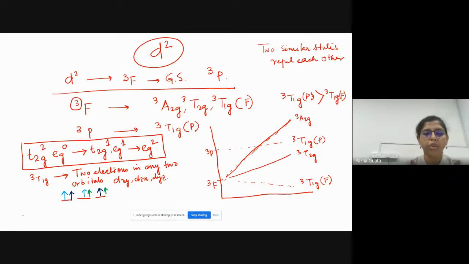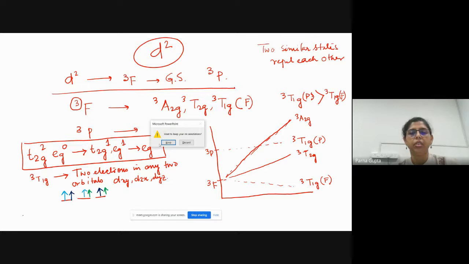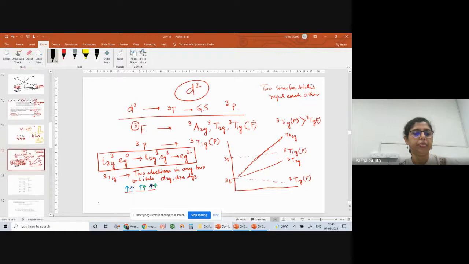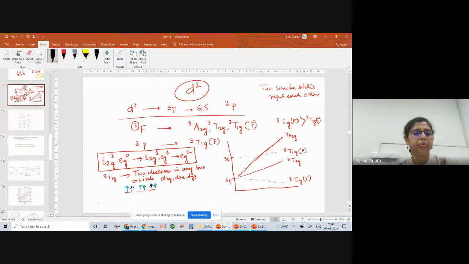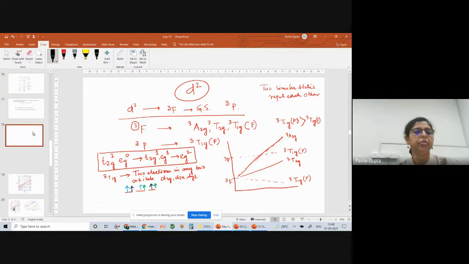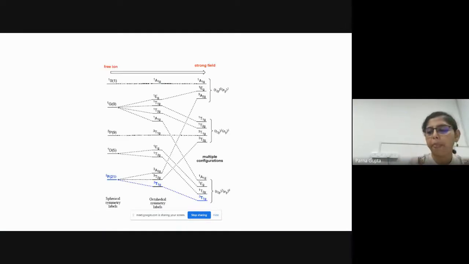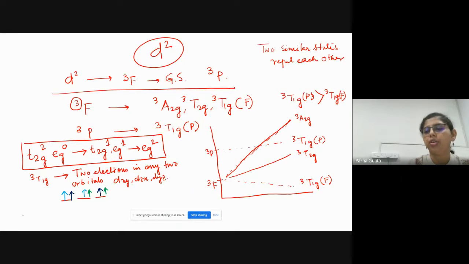Then, going to the next page, we have T2g and T1g(P). And we have 3T2g.